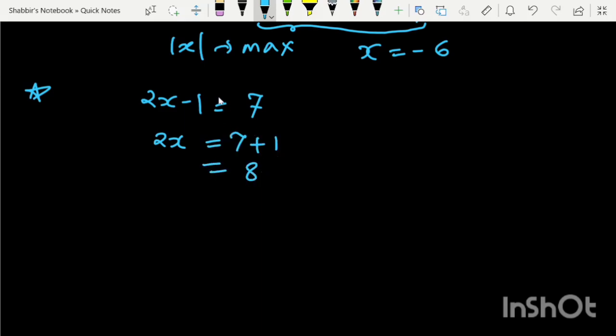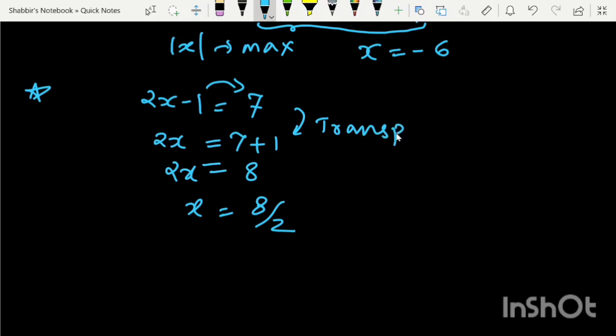This is what I have done in an equality. It was transposition. This is what you have learned in previous classes. In the next step I took this 2 in the denominator. From here to here I call transposition, and from here to here I call cross multiplication. This is what you have learnt in the case of equations.